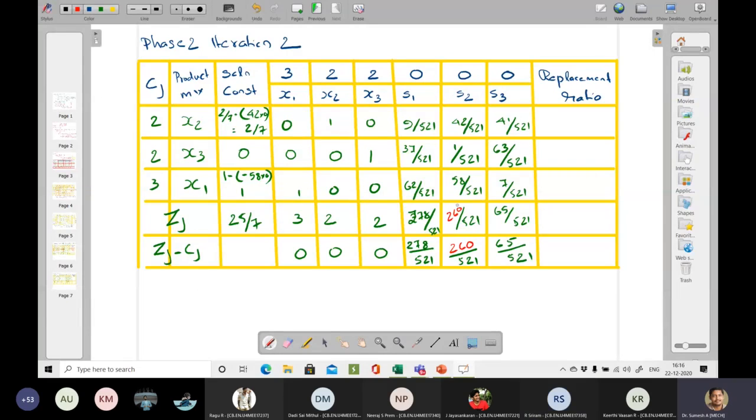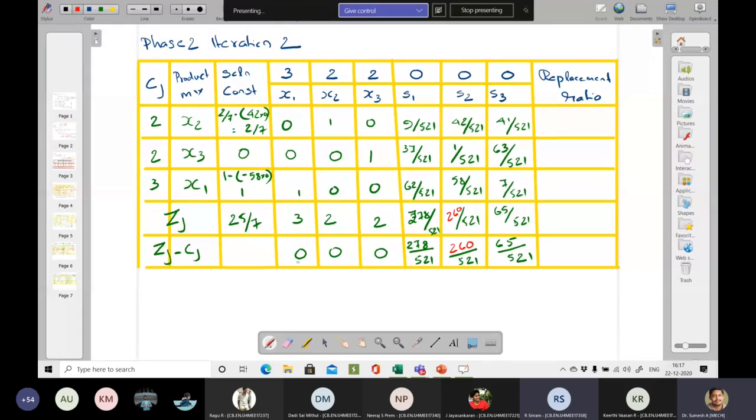Okay. Now what's the next step? Can we stop here, or proceed to the next iteration? If you want to proceed to the next iteration, please let me know which is the key column. Sir, you will terminate here, no, sir? Yes, we can terminate here.